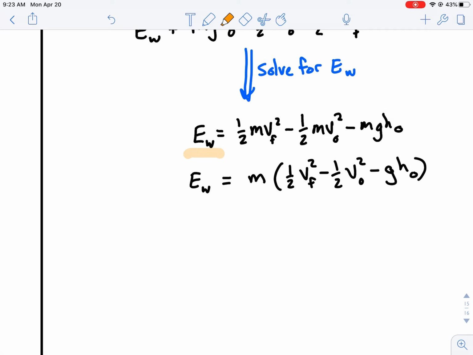So here's what I'm going to do. I'm going to pull the mass out because it is common here, here, and here. Notice that everything on the inside is a variable I do know. So I will be able to substitute numbers in there, but not for the mass. So I'm going to solve for this in terms of mass.